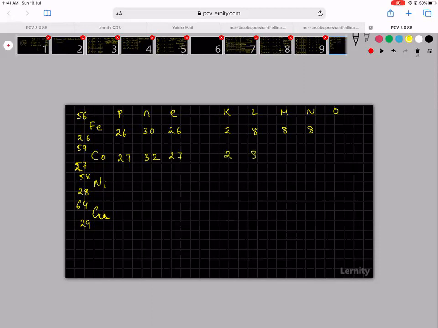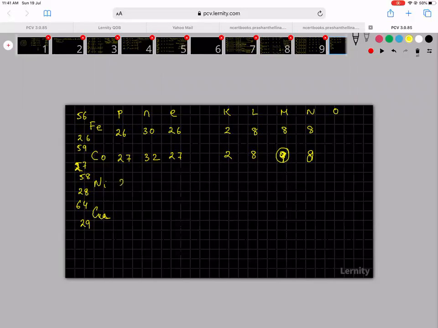So it is 2, 8, 8, and this will be 9. But look, now there is a problem. This is not the last shell. Because this is not the last shell, now this will become 9 and this will remain 8.